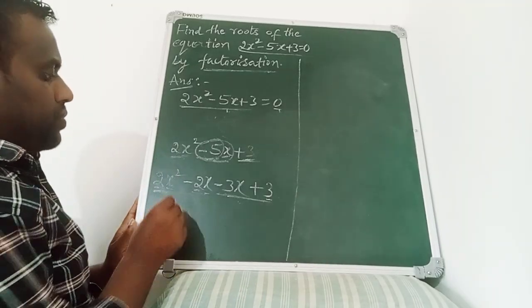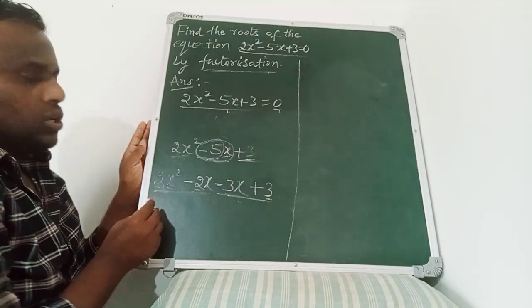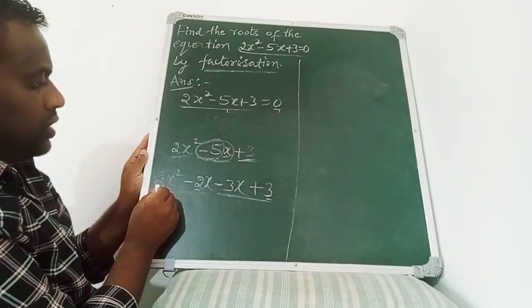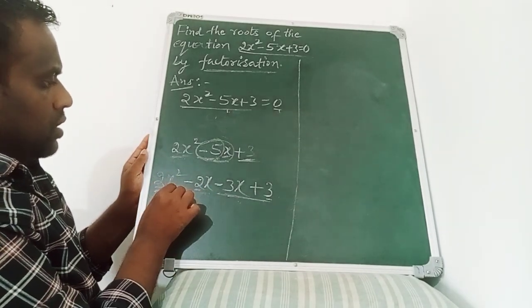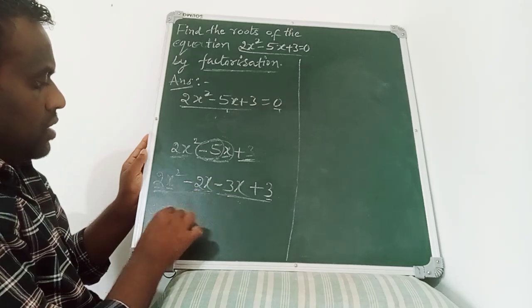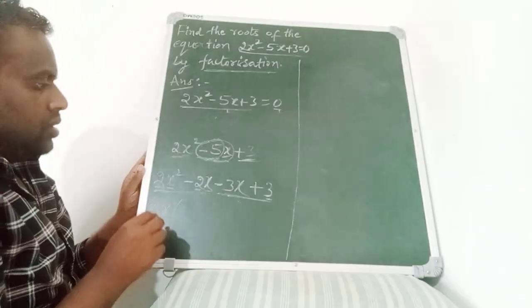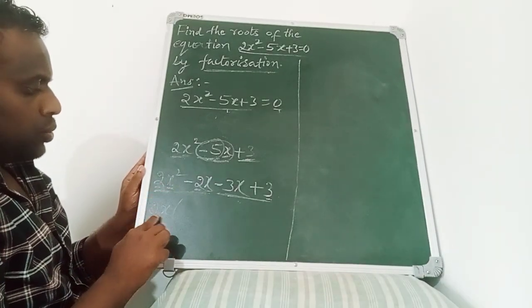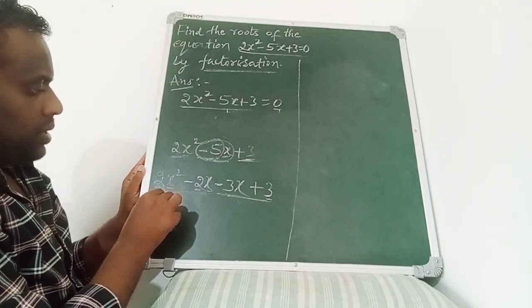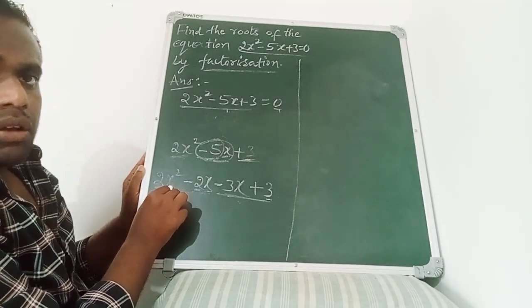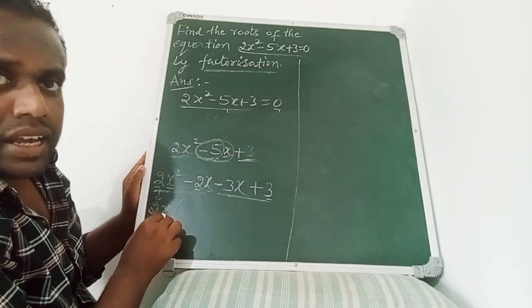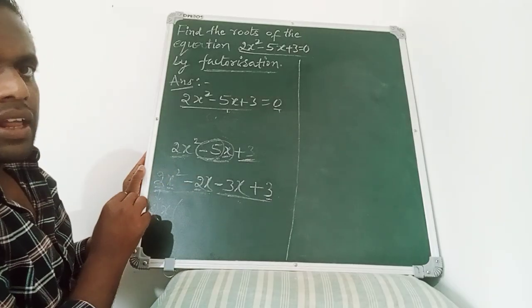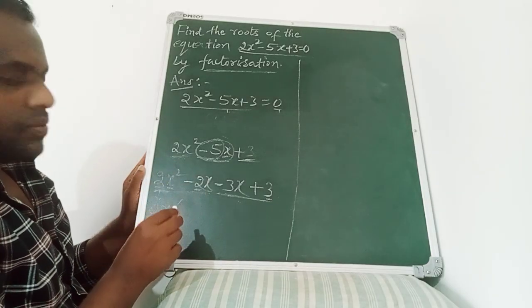Next, now you take common. Here also 2, here also 2, so 2 I will take common. Here also x, here also x, so x I will take common. Now, when in this I took 2x, out of this x square we have taken one x as common, and another x is there.